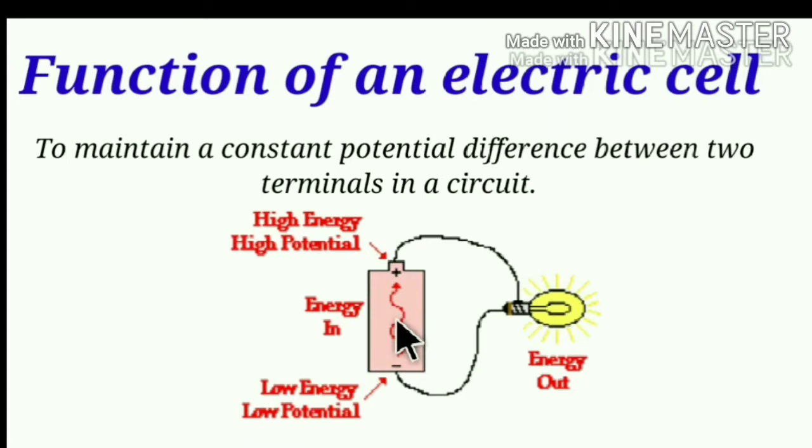Current starts flowing in a circuit as soon as potential difference is applied. So this cell maintains the constant potential difference between these two terminals. This is the positive terminal and this is the negative terminal, and it maintains the difference in potential of the two terminals.